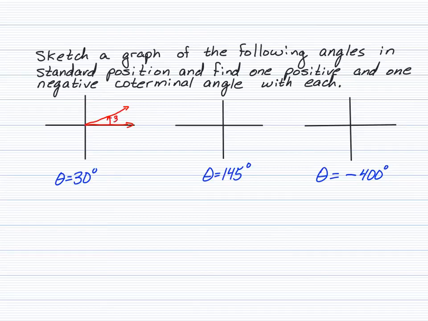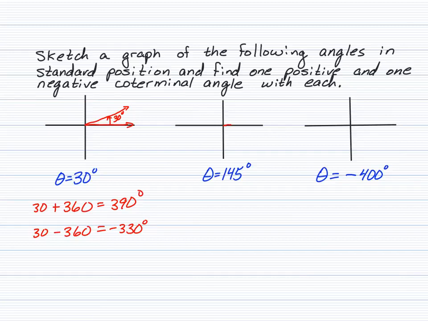So that is 30 degrees. If you take your 30 degrees, adding 360 to that would give you 390 degrees for a coterminal angle. And if you subtract 360, that would give you negative 330 degrees for a negative coterminal angle.